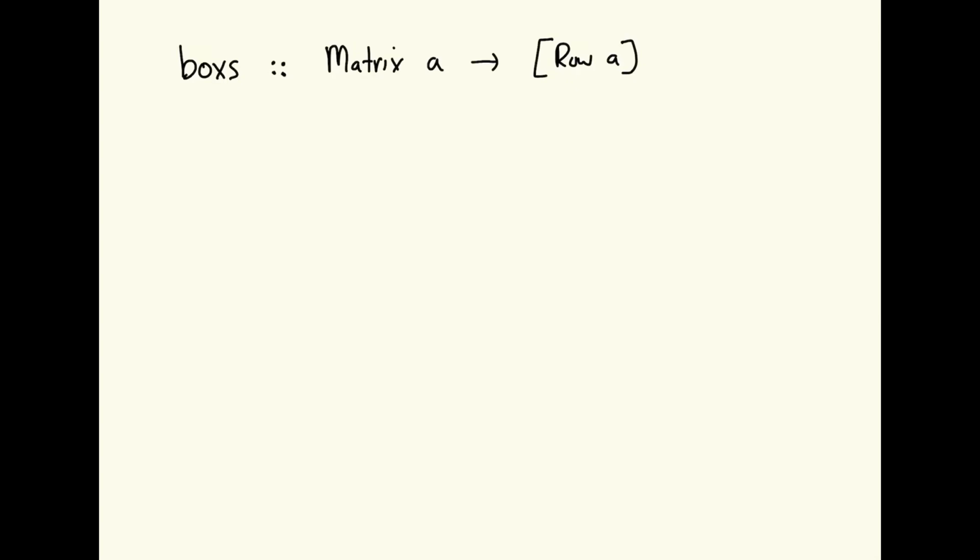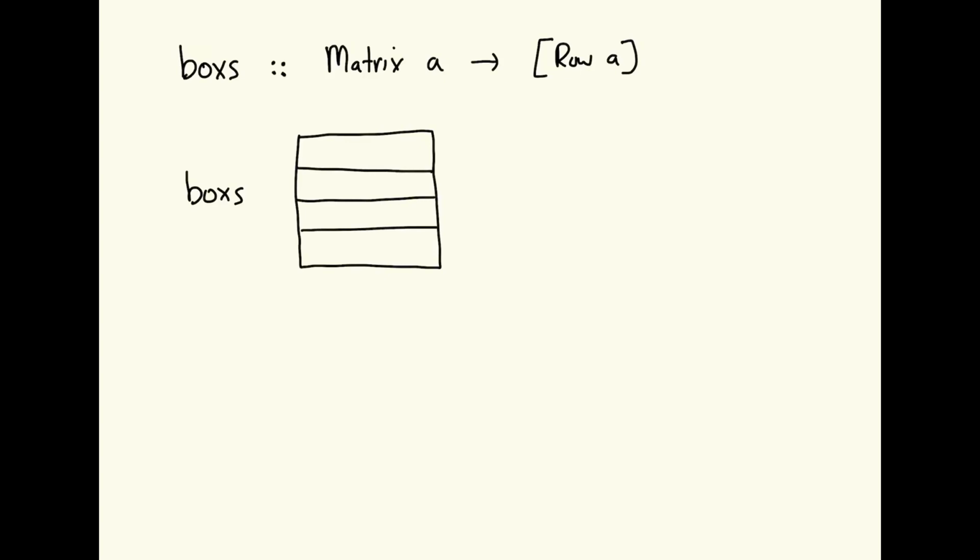Again, I'm going to illustrate what this does using a simple picture. So let me work with 4 by 4 matrices here, so I don't need to draw quite so much stuff. And let's imagine that we have 2 by 2 boxes in them. So let me make the border of the matrix a little bit thicker here. So there's a 4 by 4 matrix. And let me draw another one over here.